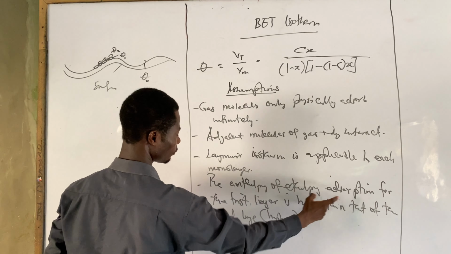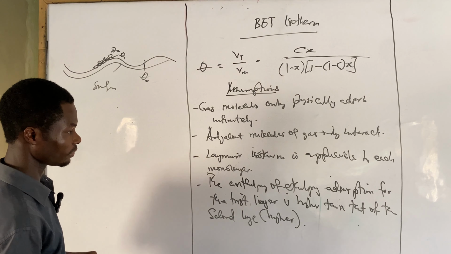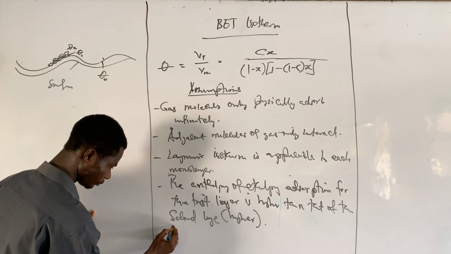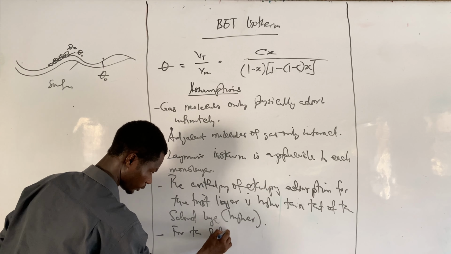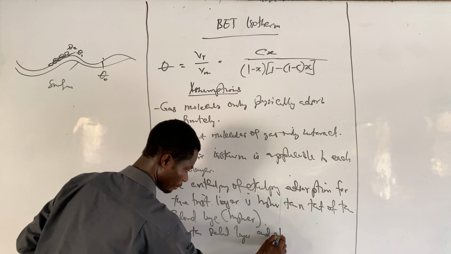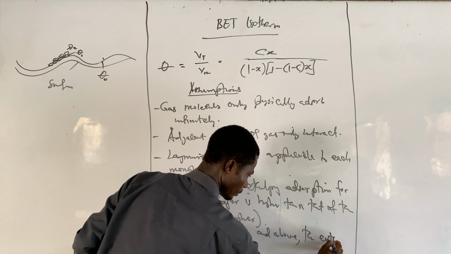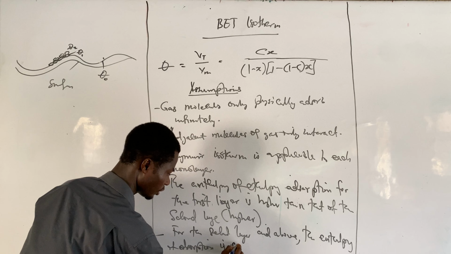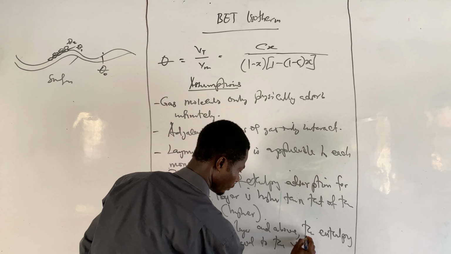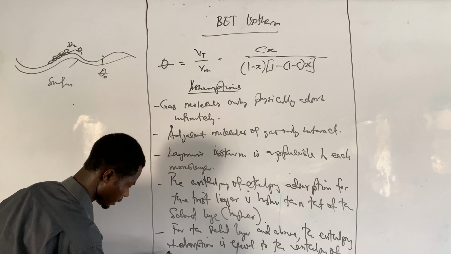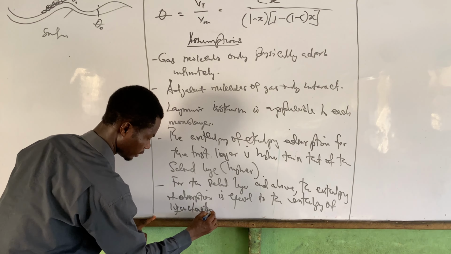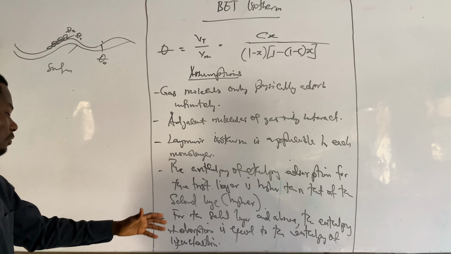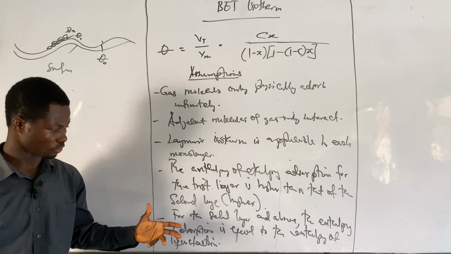So what we are saying is that the entropy of adsorption for the first layer is higher than that of the second layer, and for the second layer and above, the entropy of adsorption is equal to the entropy of liquefaction, or entropy of vaporization, for that surface.